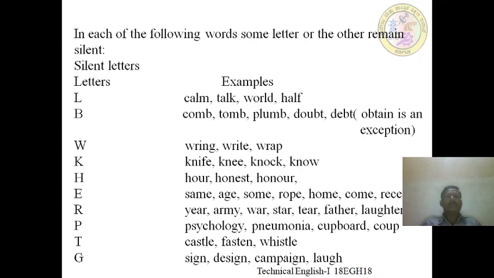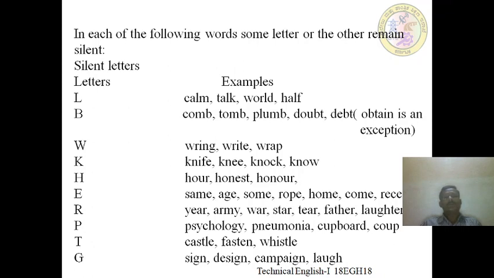Next B: comb, tomb, plumb, doubt, debt. And one exception is there, though the letter B is there, it's an exception that we cannot omit it, we must pronounce it. Obtain is an exception, it cannot become silent, it is the rarest of the rare kind.